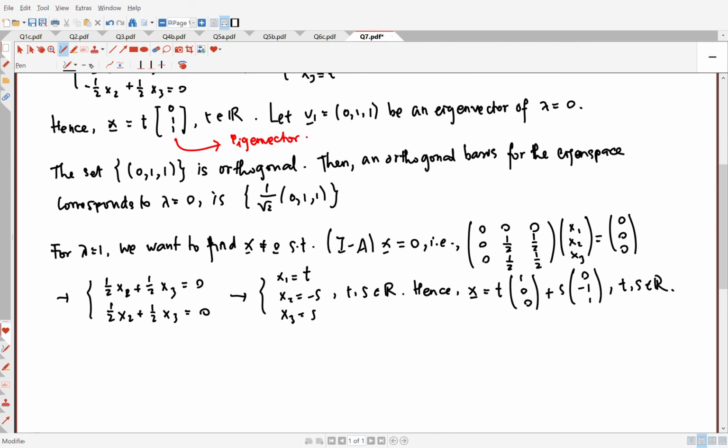Okay, and now we pick these as eigenvectors for lambda equals 1. And luckily, these are orthogonal, right? The set is orthogonal.